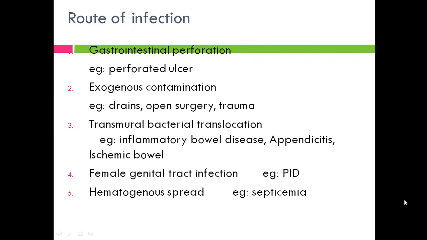Pelvic inflammatory disease of the female genital tract is one source or route of infection. And of course, in septicemia via hematogenous spread.